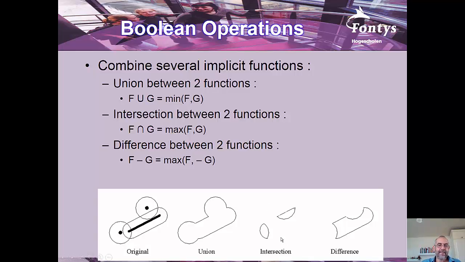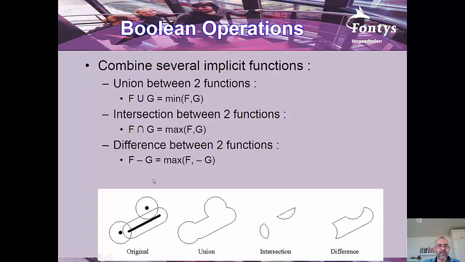You can say I want to have the intersection, these areas where 2 of these shapes intersect. So that would be this part here and this part here. Or you can say I want to have the difference. I want to have the capsule minus the spheres. Then the result would look like this.